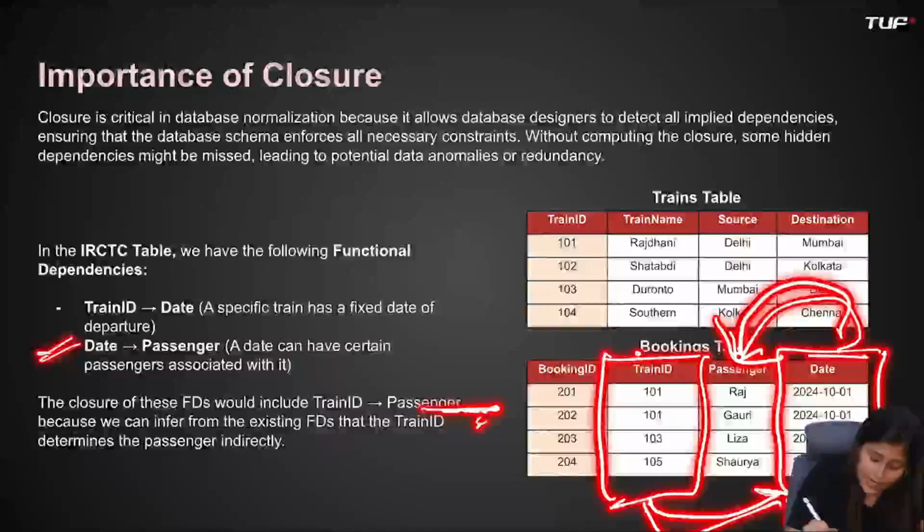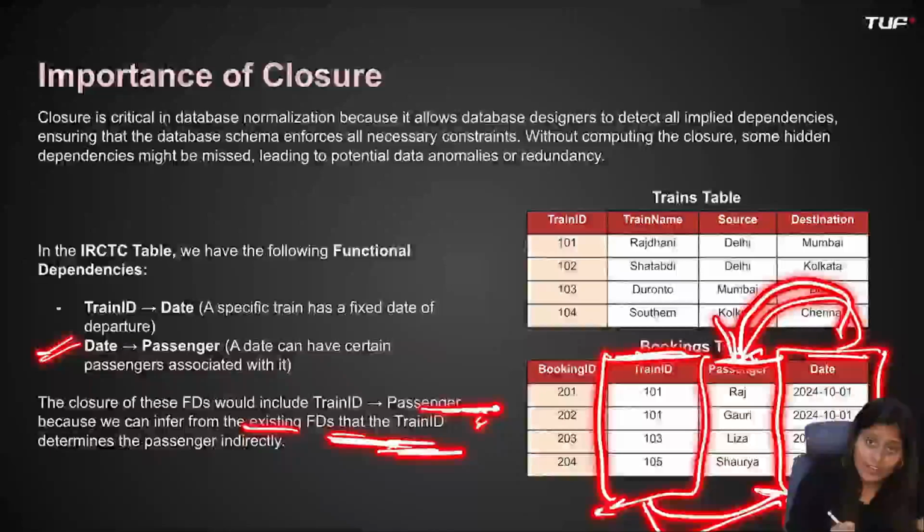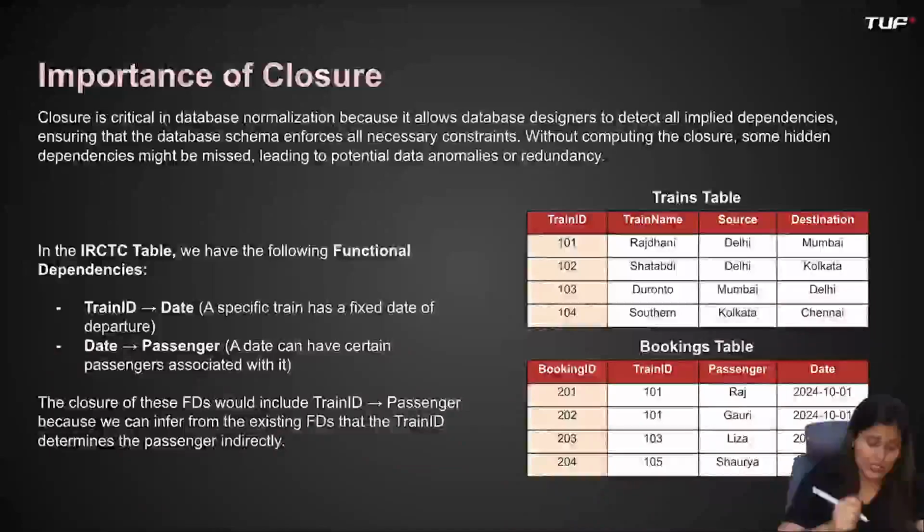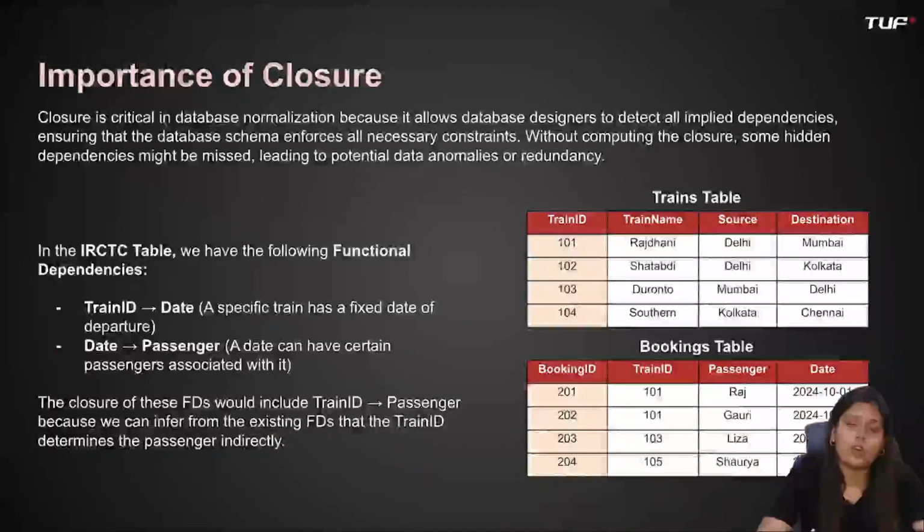So it is X determines Y determines Z, and we can say train ID directly determines passenger, right? So we can infer and derive the new functional dependency from the previous ones with transitivity. That is why closure is so important to simplify the functional dependencies, so that we can avoid data anomalies or redundancy in our table during normalization.